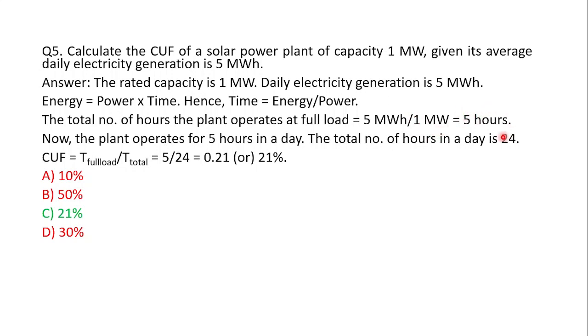So it operates for 5 hours in a day at full load. And the total number of hours in a day is 24. So using this definition, you get 5 by 24, or 0.21, or 21%. Okay, so this is the right answer.